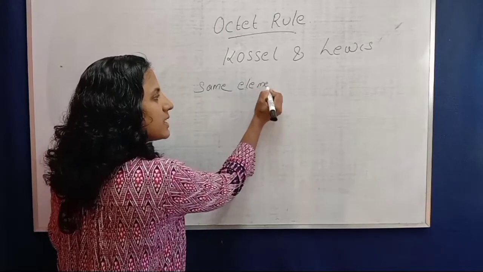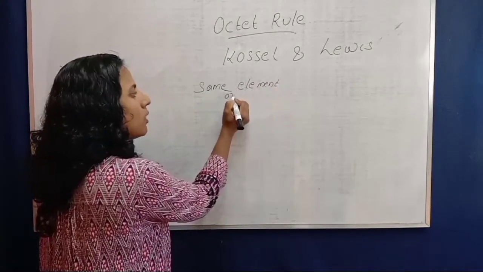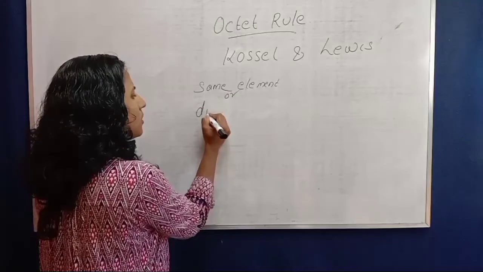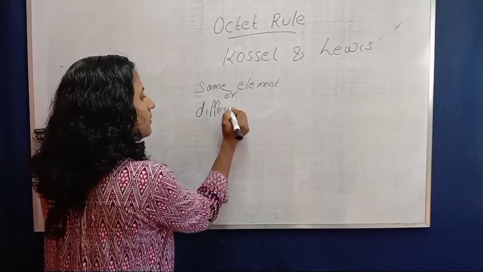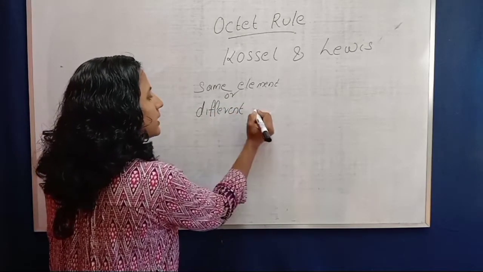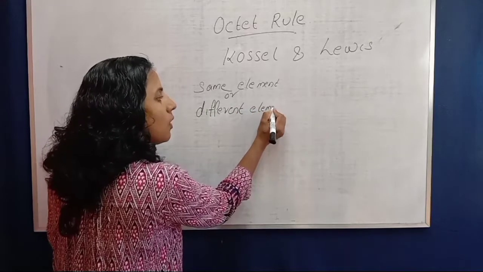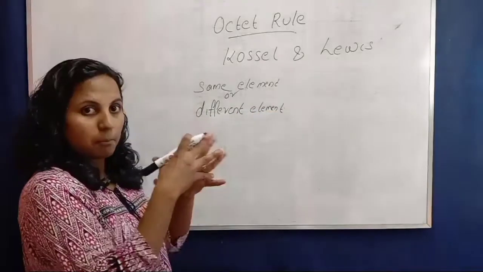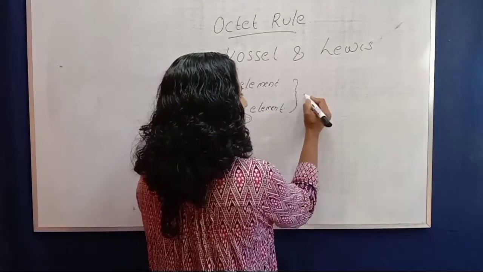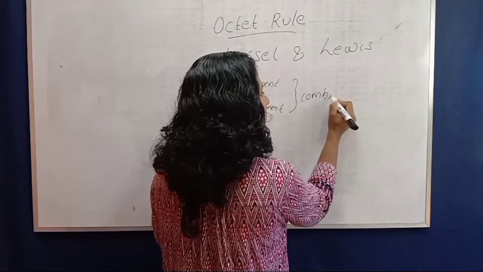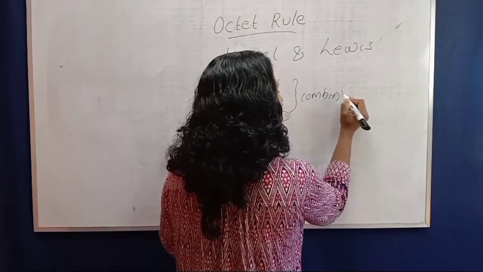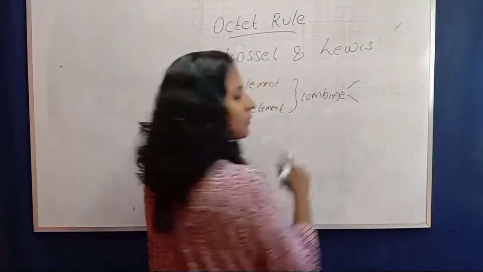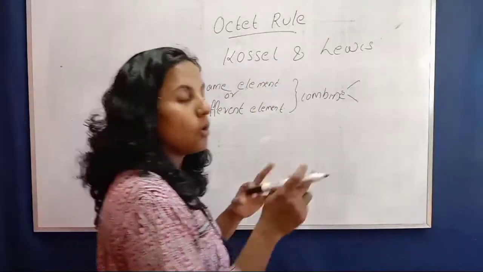Atoms of the same element or different elements. It could be the same or different. Atoms of the same element or different elements combine. These two will combine. How will they combine? There are two ways of combining.